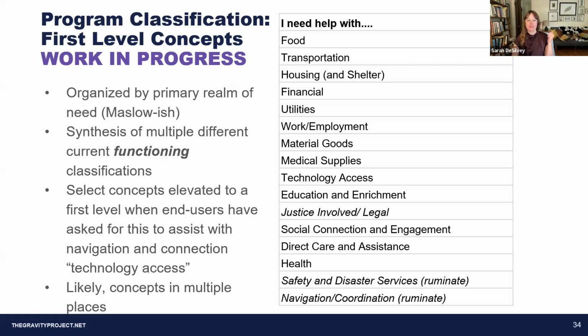So remember, this is the synthesis of multiple existing classifications and the knowledge across even more classifications, right? So we're synthesizing classifications that we have readily at hand, and we're applying knowledge from other classifications. Again, the goal is to create a classification to assist for the purposes of navigation and connection.